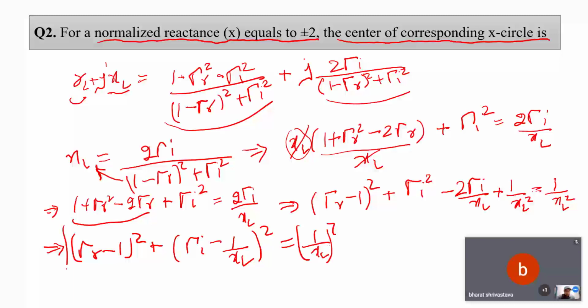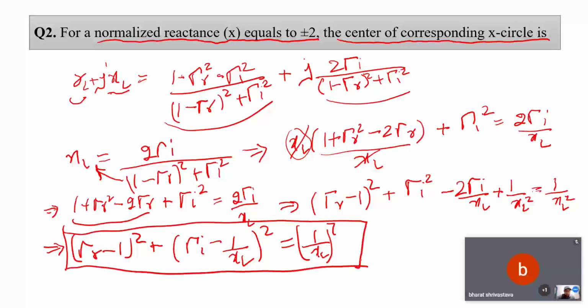From here you can see this is the equation of the reactance circle. The center of the reactance circle is 1 comma 1 over xl, whereas the radius will be 1 over xl.